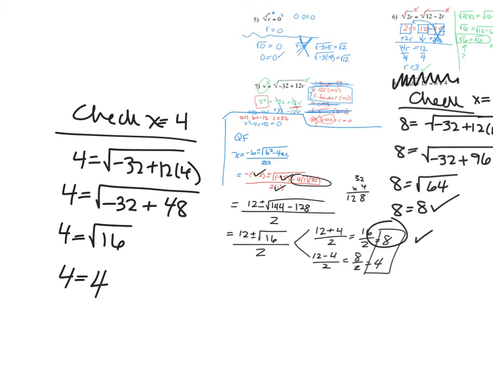So these could have both worked, like they did in this scenario. They could have neither worked, or one of them could have worked and the other didn't. So I know we didn't see an extraneous solution, but if you check every time, you'll know. If I plugged in 4 and I got 4 equals 10, I would have known, okay, that's not an answer. But since none of that was true, turns out it is.